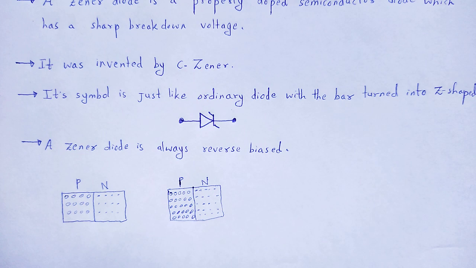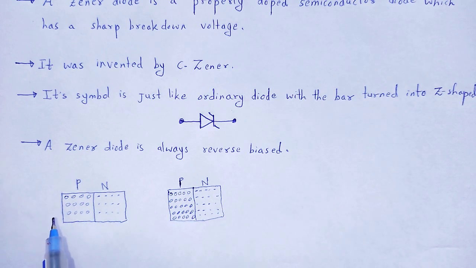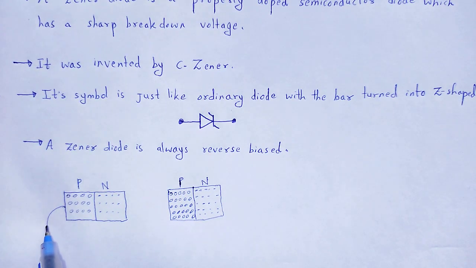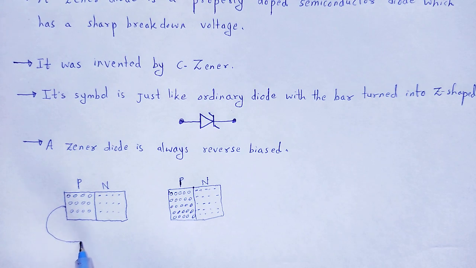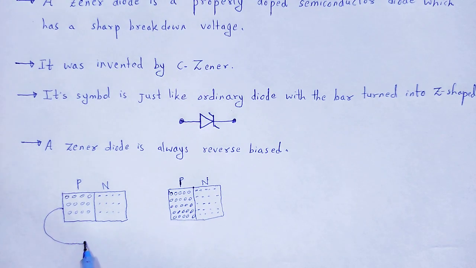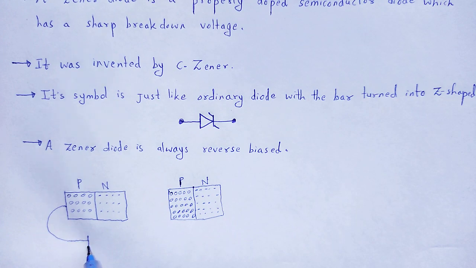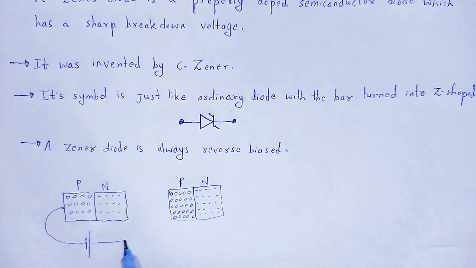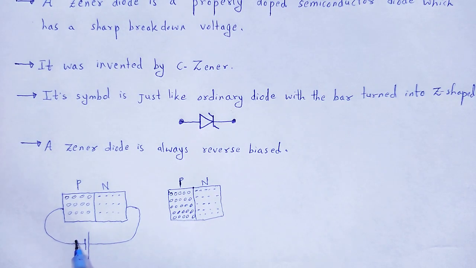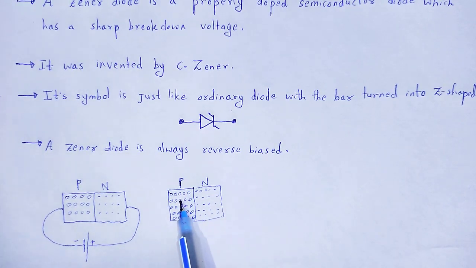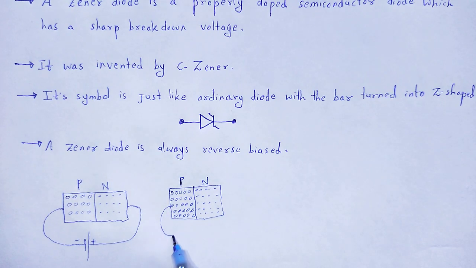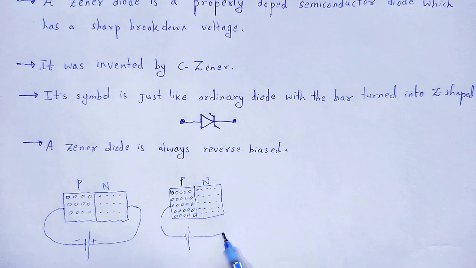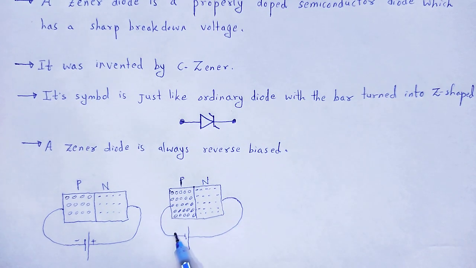What exactly happened here? If we connect that PN junction diode in reverse biased, P type is connected to the negative terminal, N type is connected to the positive terminal. Similarly, here P type is connected to the negative terminal, N type is connected to the positive terminal.